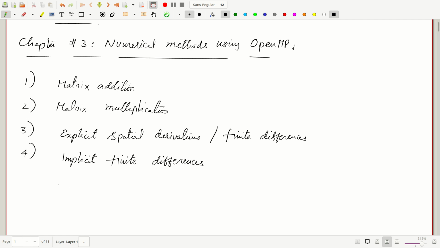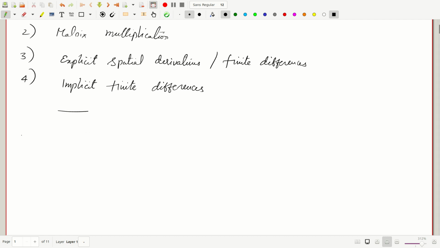All right, let's get started with addition of matrices. As you guess, this is very straightforward. When you looked at how to add vectors, the same thing can be applied for addition of matrices.